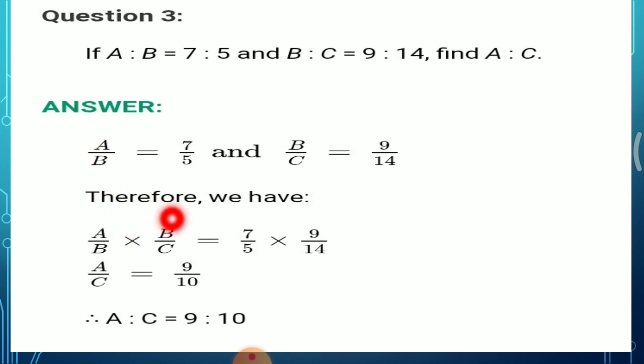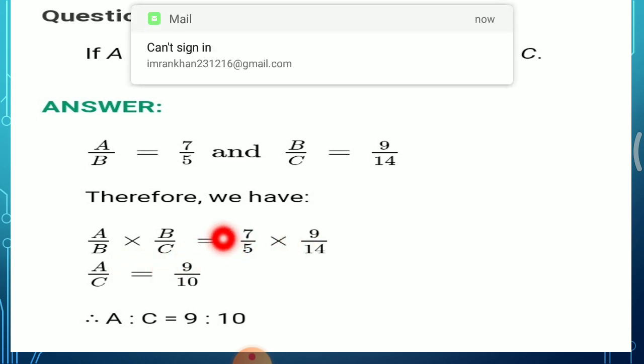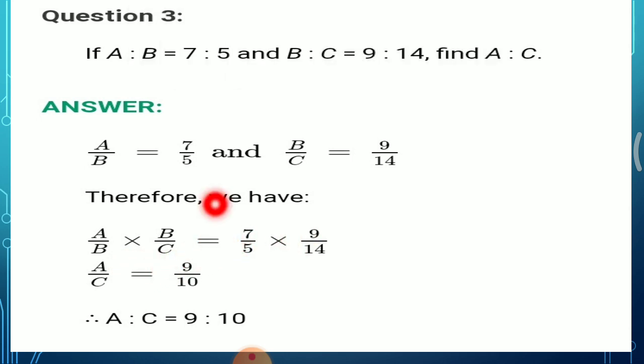So A by B multiply B by C is equal to 7 by 5 multiply 9 by 14. B and B cancel here. So A by C is equal to 9 by 10. Why? Because 7 to the 14 it will cancel. So 9 1s are 9 and 2 5s are 10. Okay, A ratio C is equal to 9 ratio 10.